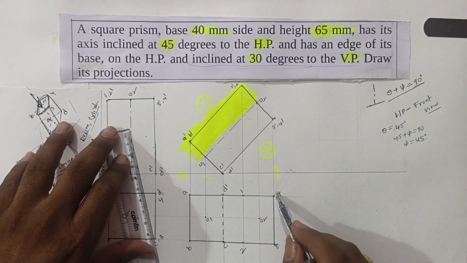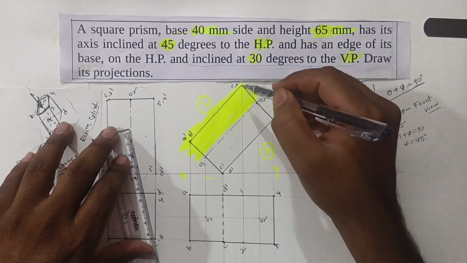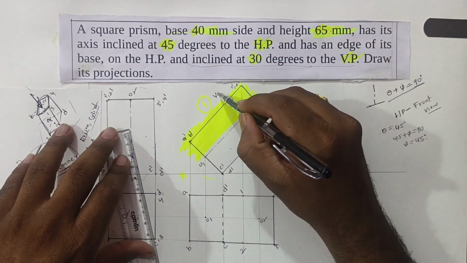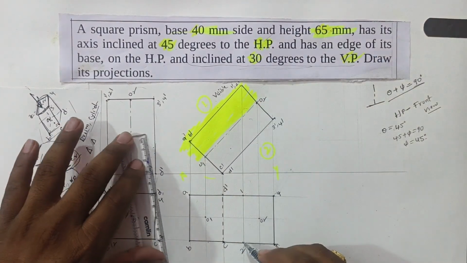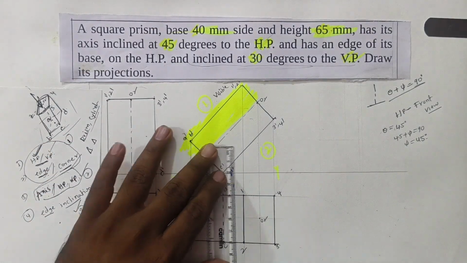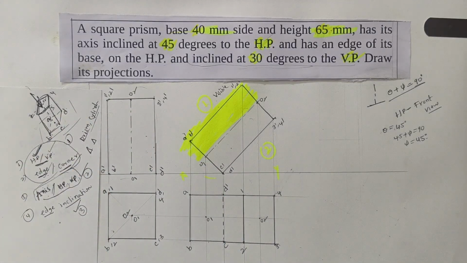Then 2 to 3, 3 to 4, 4 to 1 is there, but 1 to 2 is not mentioned. But 1 to 2 is in the visible zone. So 1 to 2 should be joined with a continuous line. Okay, the second stage top view is over.